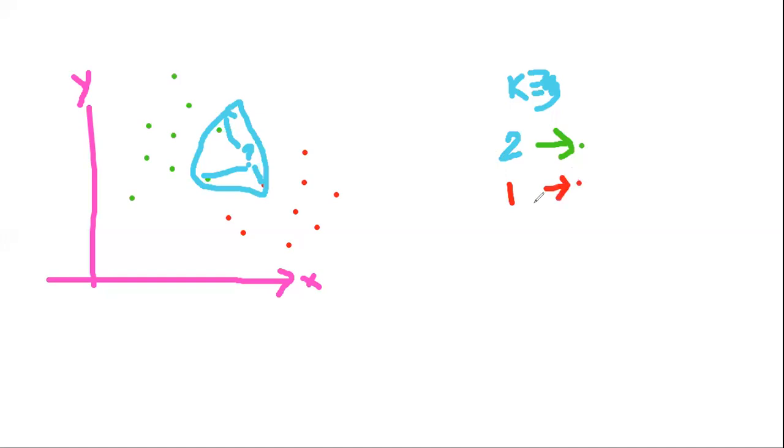Here the green points are the majority in this example. That means this data point belongs to the green category. Whatever new data point you want to predict belongs to the category green. That is about the working of the k nearest neighbor algorithm.